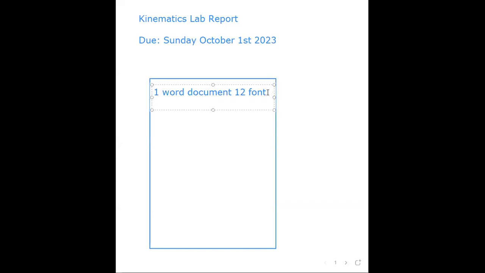And then basically what I want is one hypothesis statement, one introduction statement. So we start with the hypothesis statement, introduction statement. Then we want one statement on the experiment.